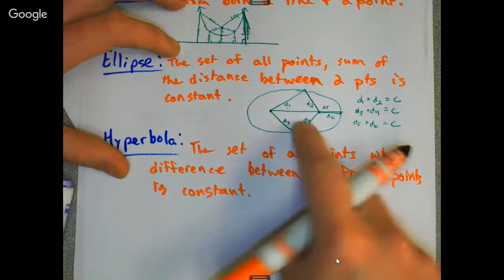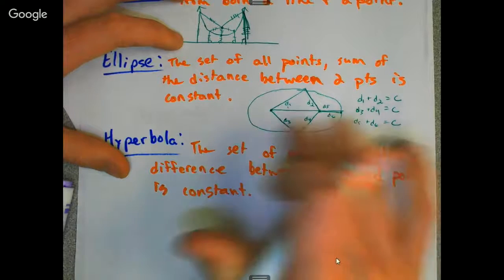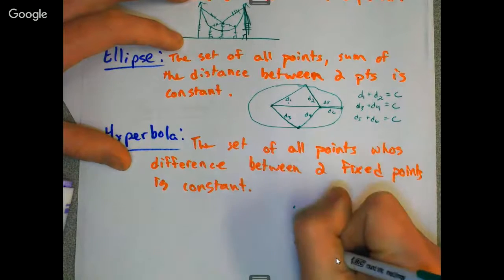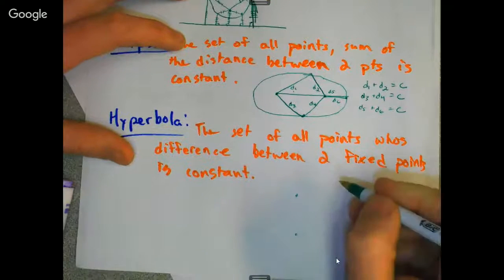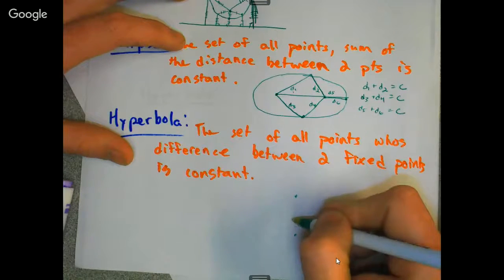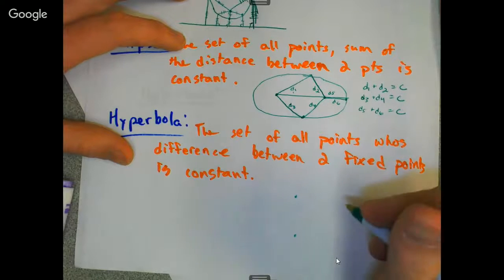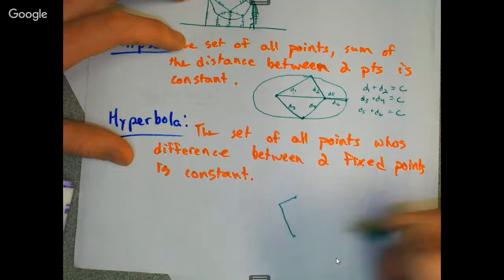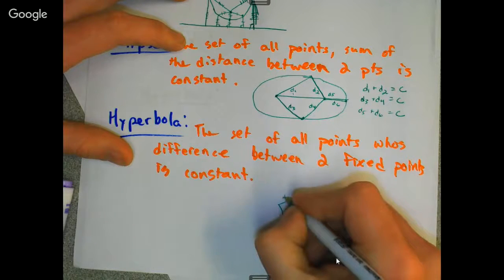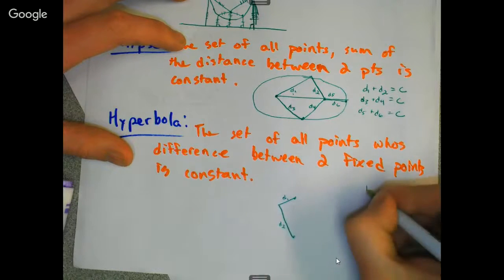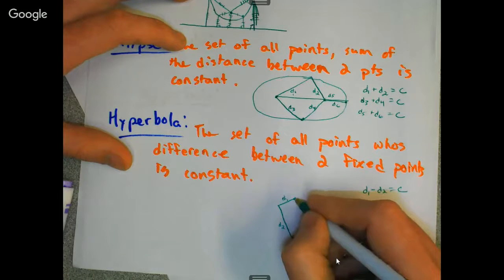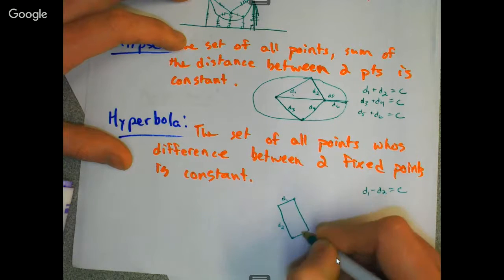Just like the ellipse, but instead of adding them, we're going to subtract them. So let's say I have two fixed points here and here. I take a string between them and subtract the distances of the string. If I subtract D1 and D2, I'll get a constant. Same thing if I go here and here.